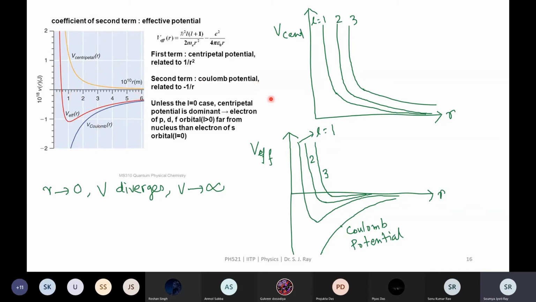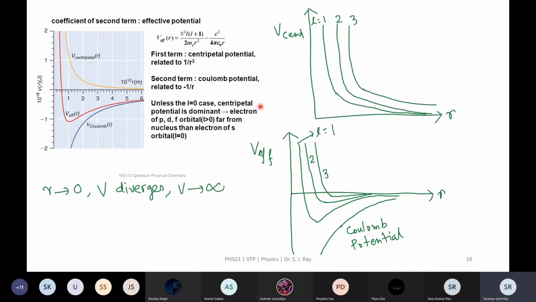Unless it is the L equal to 0 case, the centripetal force is dominant, because if L equal to 0, this first term will be absent, so it is only the Coulombic potential. If you remember, L equal to 0 is almost like an S-wave system.